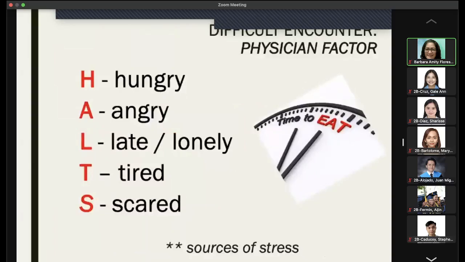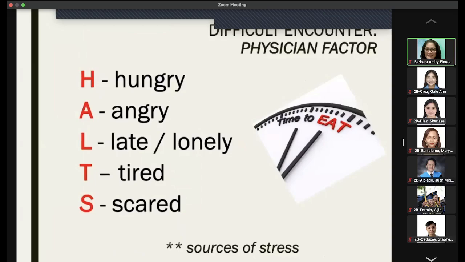Identified sources of stress in a study on physician burnout are hunger, anger, being late, being lonely, being tired, and being scared. So, most physicians that they interviewed identified these factors as their sources of stress. So, these are the most common sources of stress.